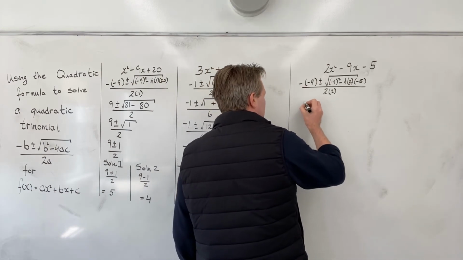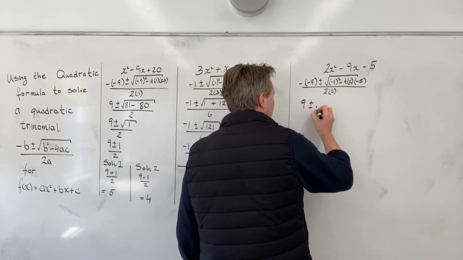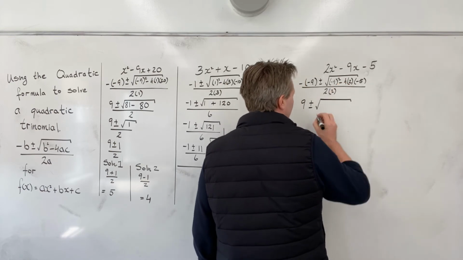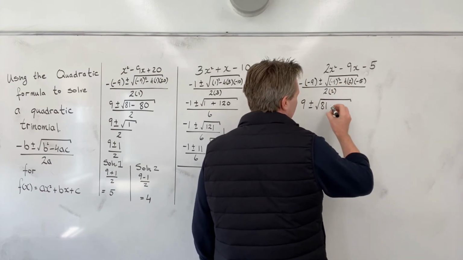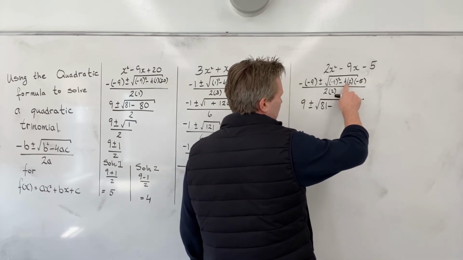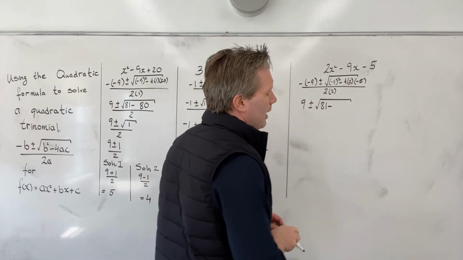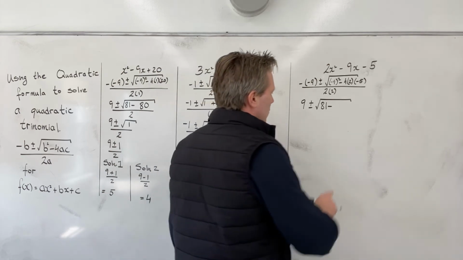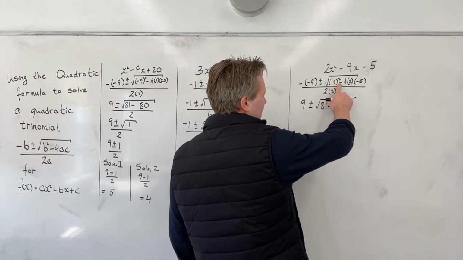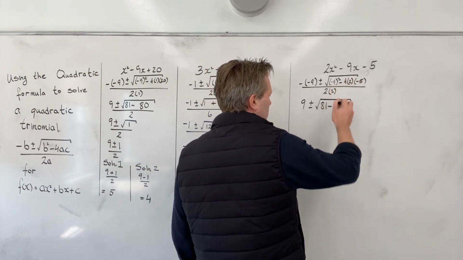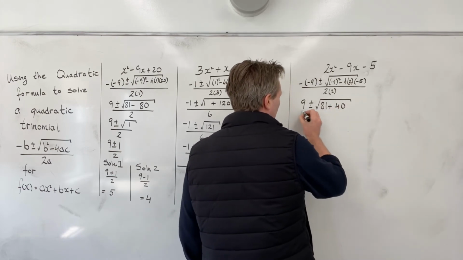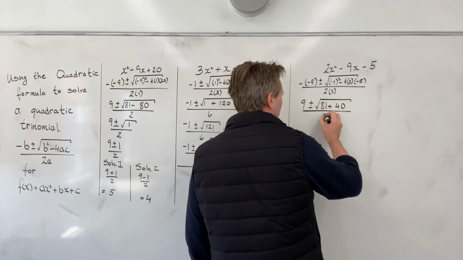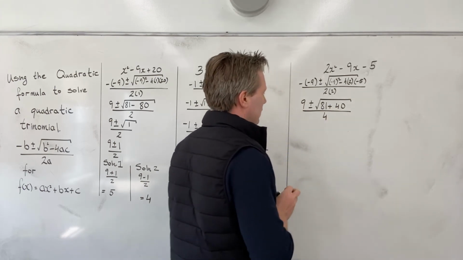Minus negative 9 is plus 9, plus or minus the square root of negative 9 squared, which is 81, minus 4 times 2, which is 8, and 8 times negative 5 is negative 40. So I get 81 minus negative 40, which becomes 81 plus 40, all over 2 times 2, which is 4 in my denominator.